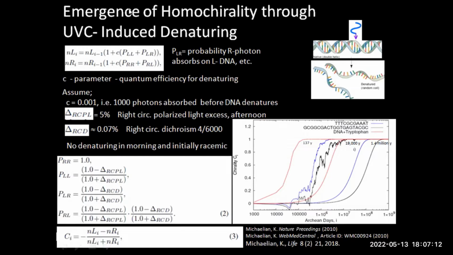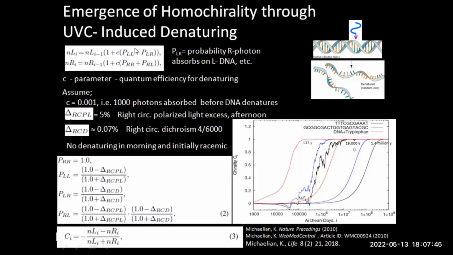So this calculation is really based on this recursion relation, which is the number of left-handed DNA in a given generation I. And it's dependent on the number in the previous generation, I minus 1, plus a component which depends on the probability of absorption of left-handed circularly polarized light on left-handed DNA and right-handed circularly polarized light on left-handed DNA.